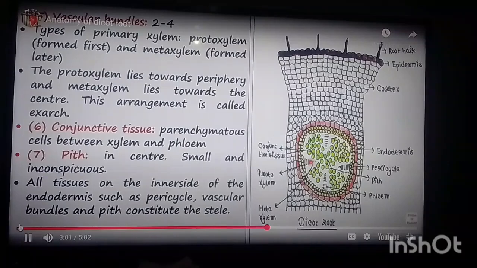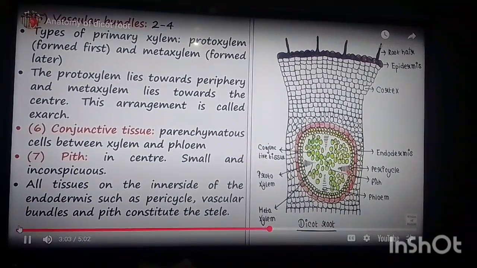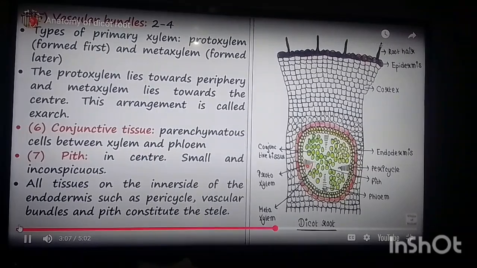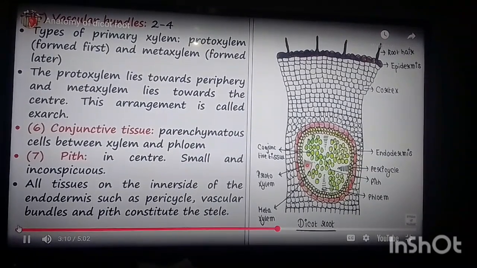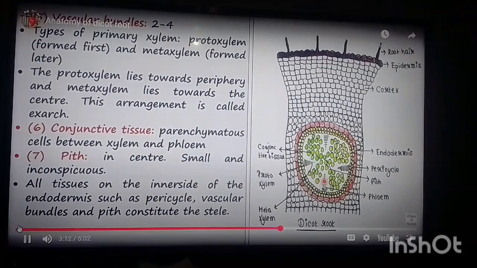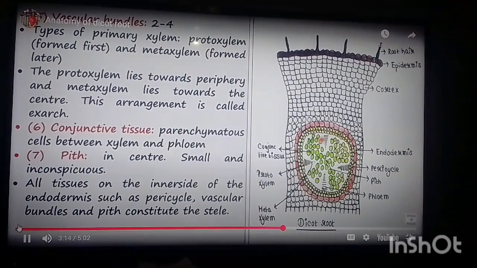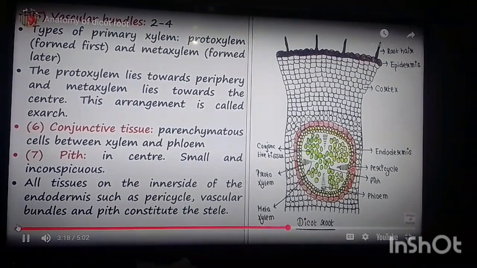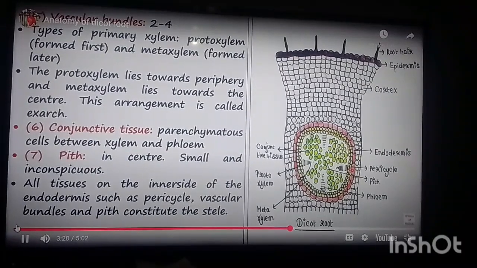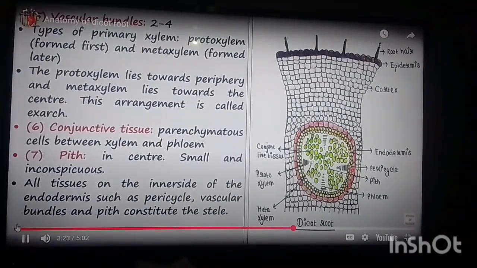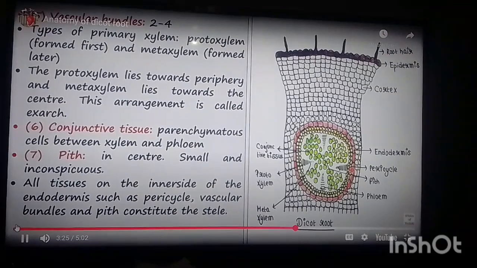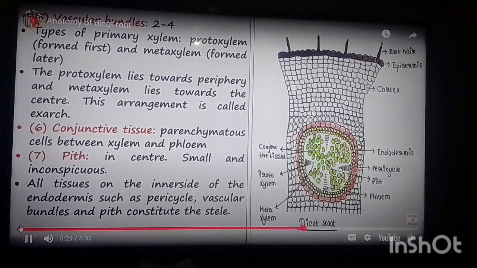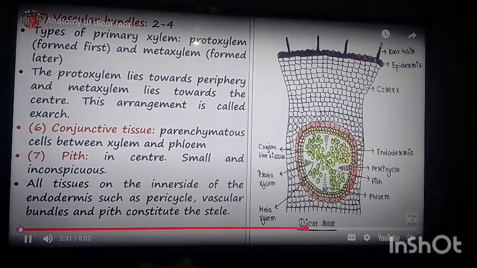So 2 to 4 vascular bundles you can find. In this picture, we can find 1, 2, 3, 4 vascular bundles. And here we have phloem, xylem, phloem, xylem in this pattern. Now there are 2 types of xylem in this case, protoxylem and metaxylem. Protoxylem is the xylem that is formed first during the tissue formation, and metaxylem is formed later.